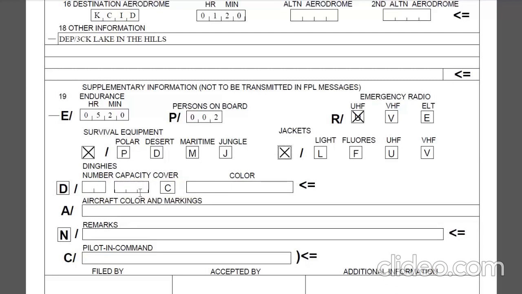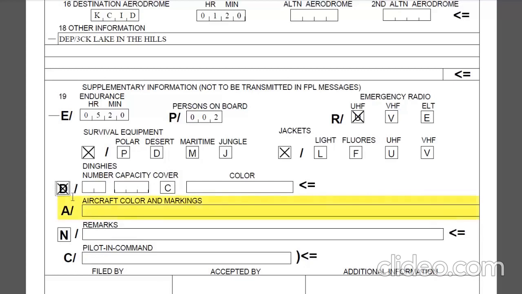And the capacity is the total capacity of all the dinghies. So if each of the 3 dinghies can hold 3, then we would have a total capacity of 9. You would put a C here if they're covered, and if it's not covered, you would X out. And we'd write down the color here. Because we don't have any dinghies, we just have to X out the D in the beginning here that specifies dinghy.